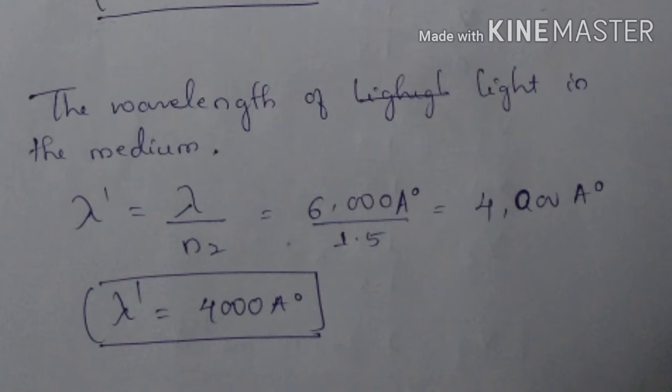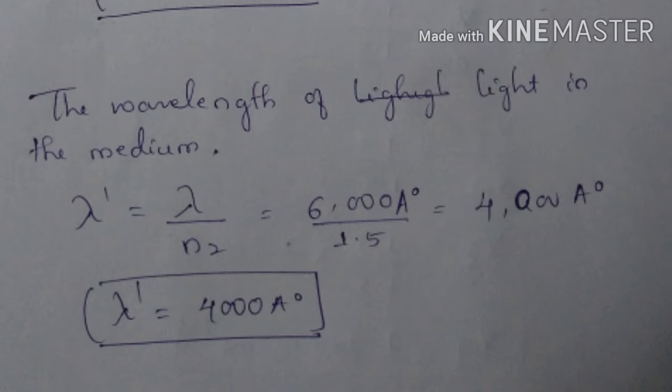Now let us find the wavelength of light in the medium. The equation is lambda prime equals lambda by N2, where lambda is the wavelength of light in air and lambda prime is the wavelength of light in the medium. So it is 6000 Armstrong divided by 1.5, which gives 4000 Armstrong.